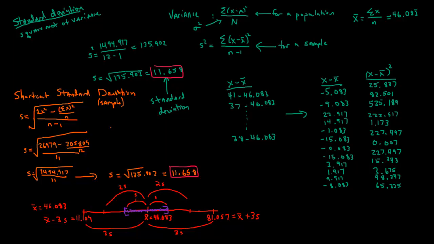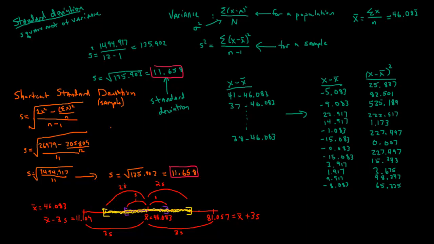Anywhere right there, about 68% of the data is going to be there. Then the empirical rule also says if you're within 2 standard deviations of the mean, centered around the mean, there's going to be about 95% of the data.